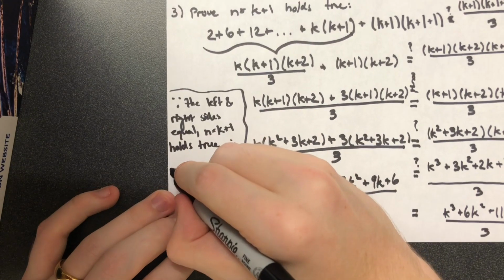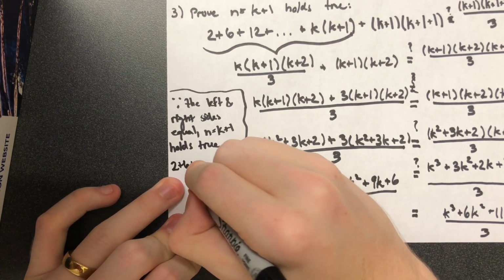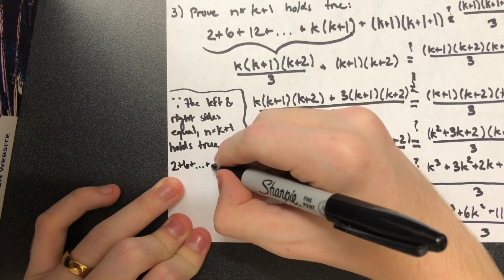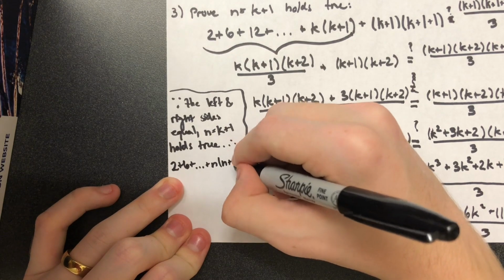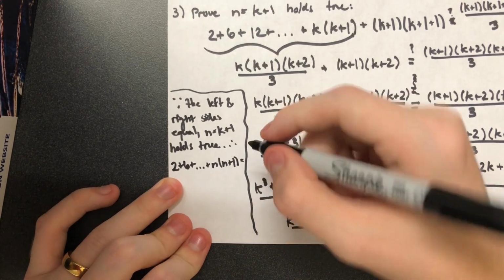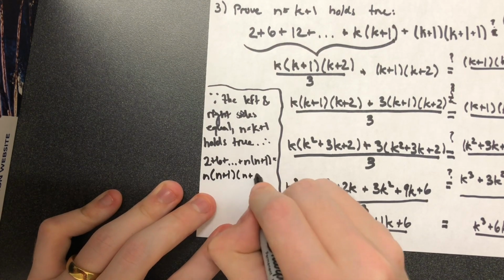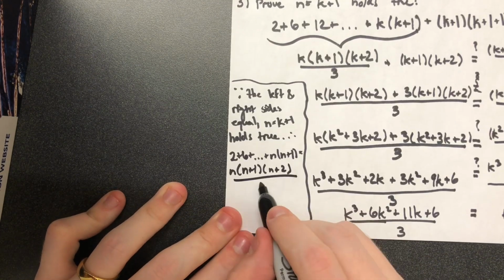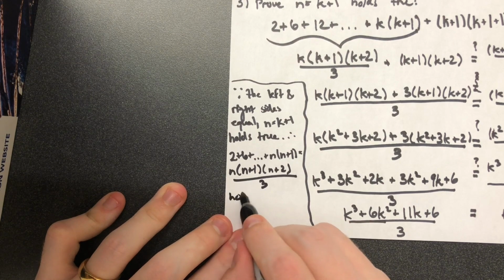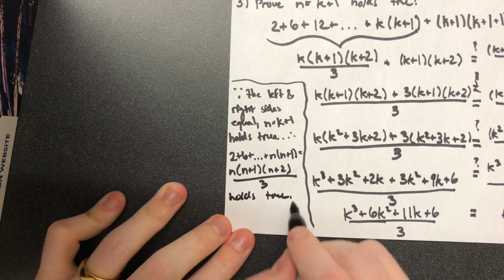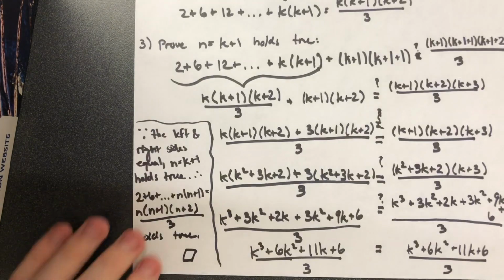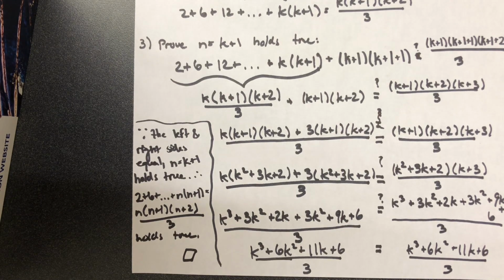Therefore, 2 plus 6 plus dot dot dot plus n times n plus 1 equals n times n plus 1, n plus 2 over 3 holds true. Good.